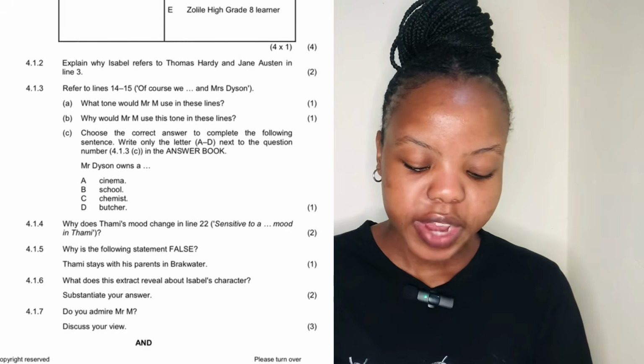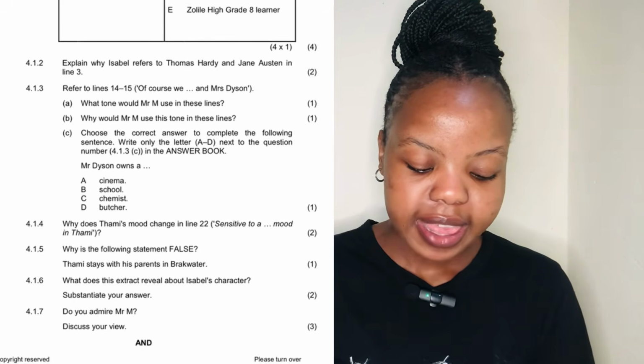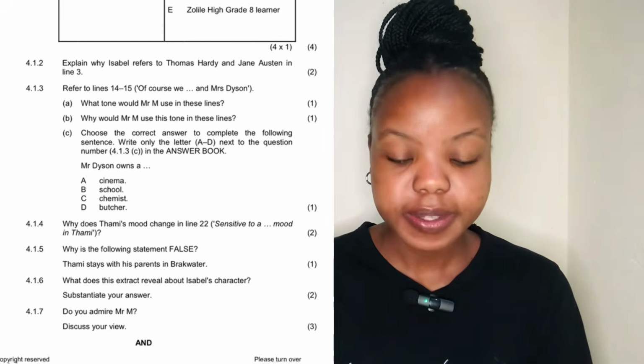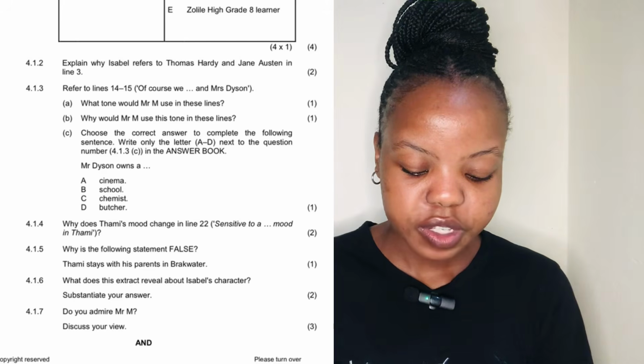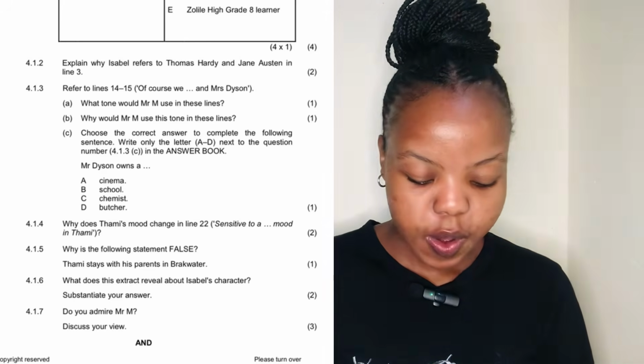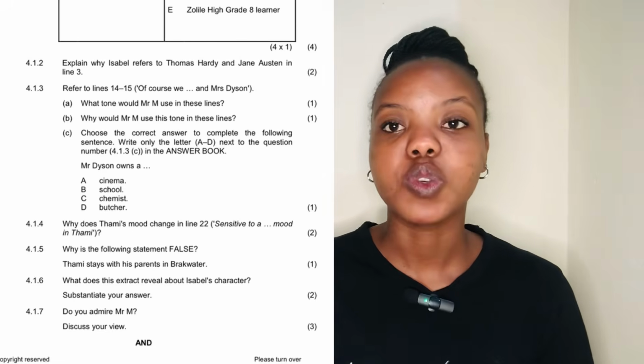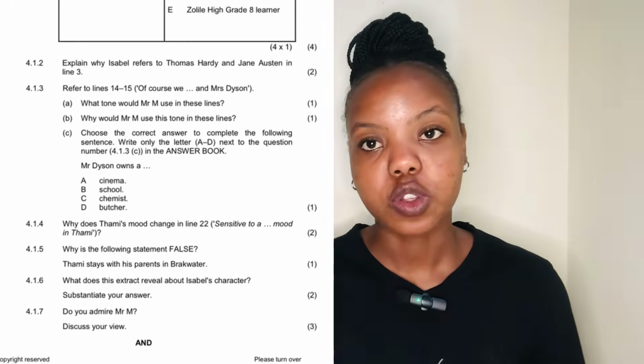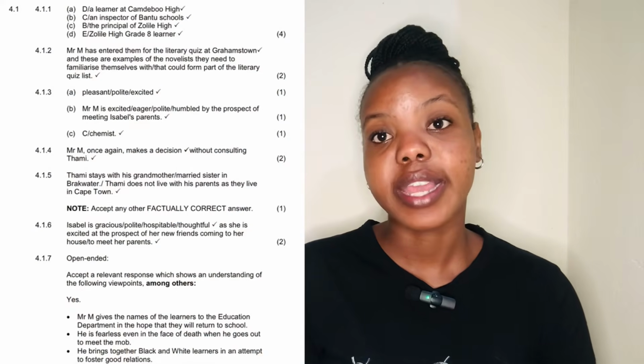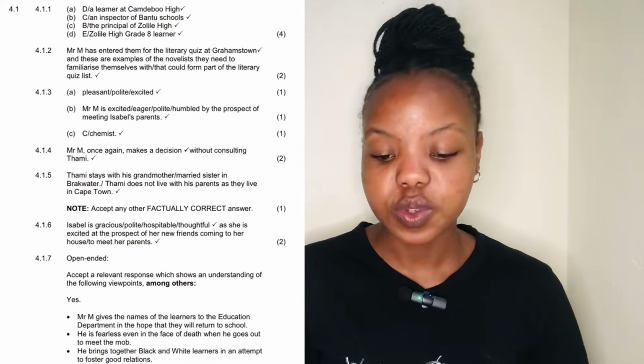No, he betrays his learners when he gives their names to the education department. No, because he refuses to join the boycott. No, because he does not allow Tammy to think independently. So this one is 3 marks. You need to provide at least 2 reasons, nothing less than 2 reasons.